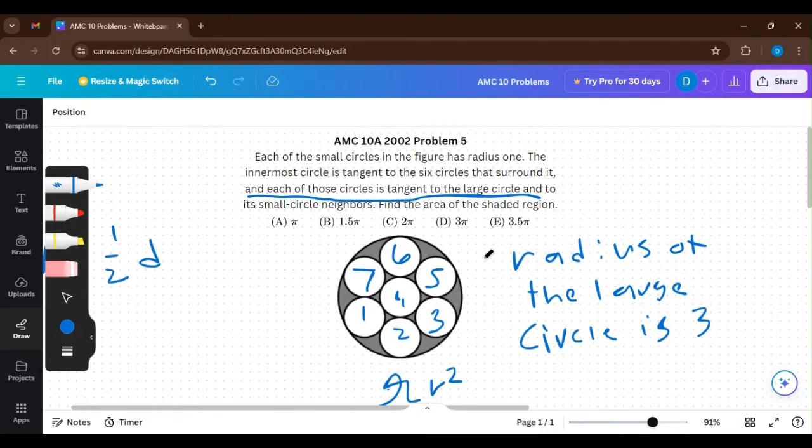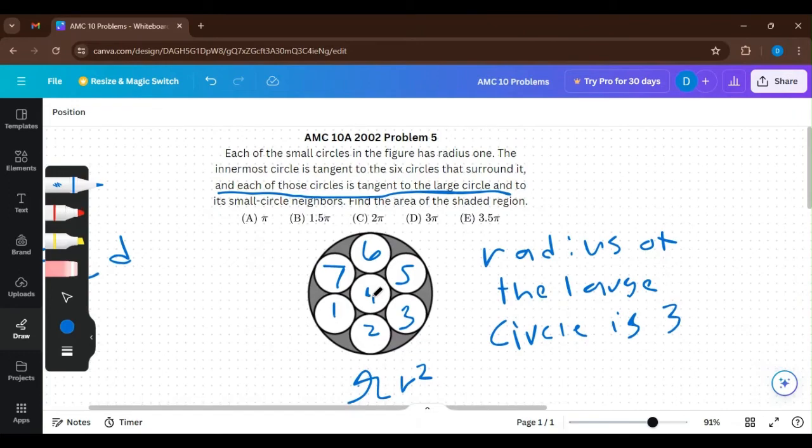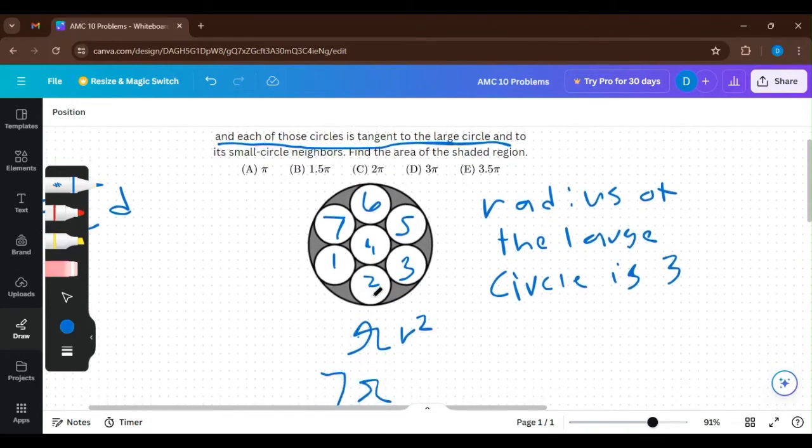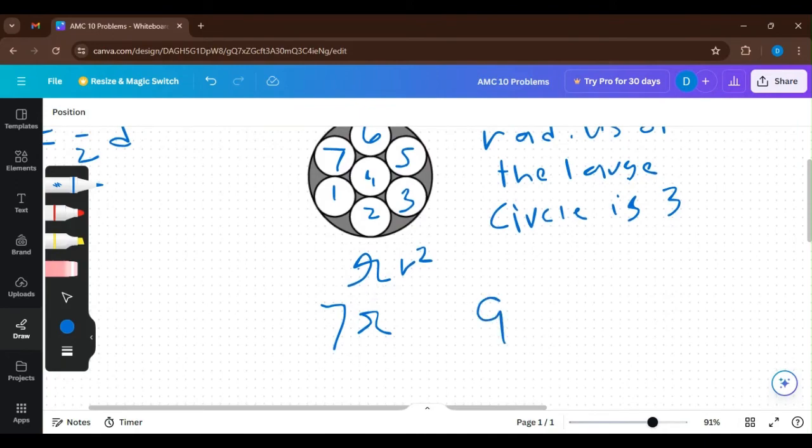In the large circle, since it has a radius of 3, because we already proved it from the center of one small circle and the center of the large circle, we also know the area of the large circle. So since it's pi r squared, r is 3, that means it's 9 pi.